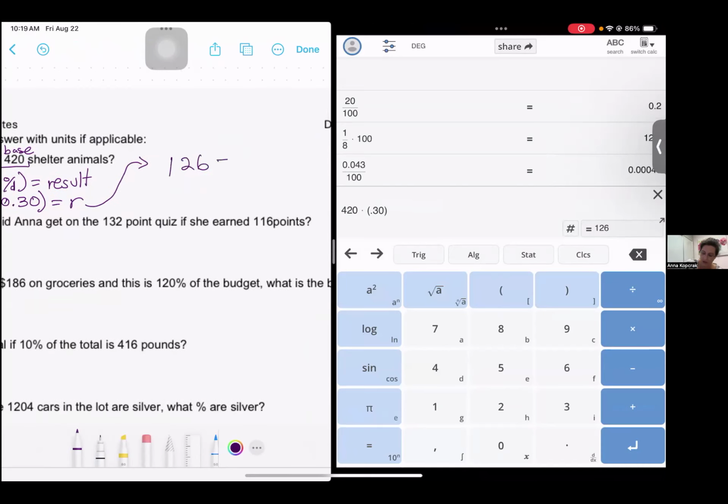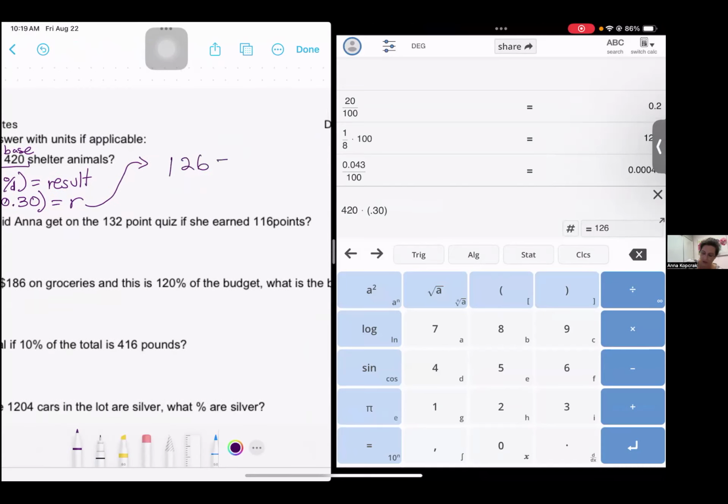So this is one of those examples where I want to make sure that we're using our class vocabulary: I need a base, I need a percent decimal, and I need a result. If a store had total sales, that total is going to be our base.